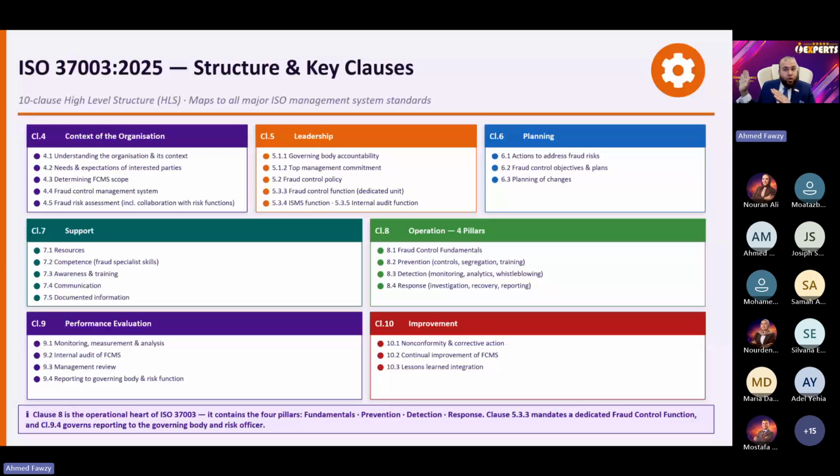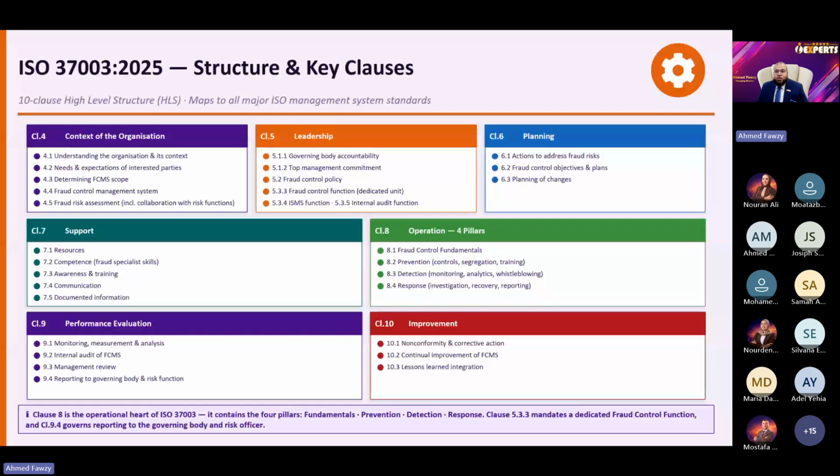Not like ISO 27001, where the controls exist in another annex, or in 27002, another control standard. Today, these controls are in the heart of the operation. Plan, do: number 8, the operation. It is 4 pillars, the controls.